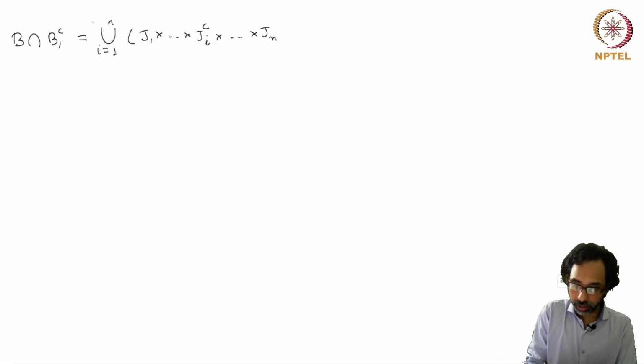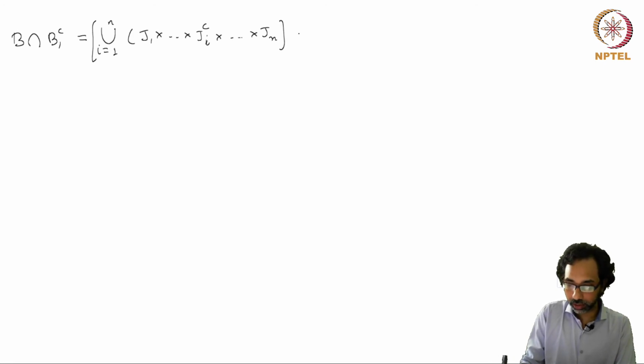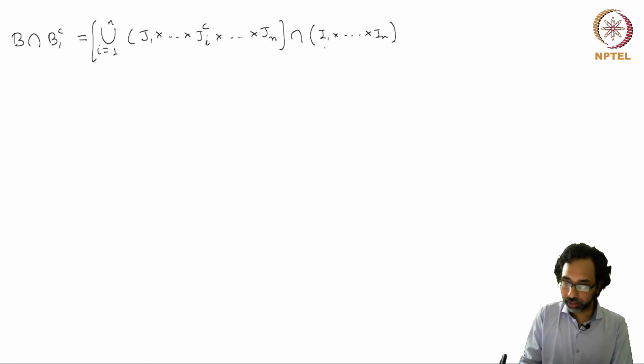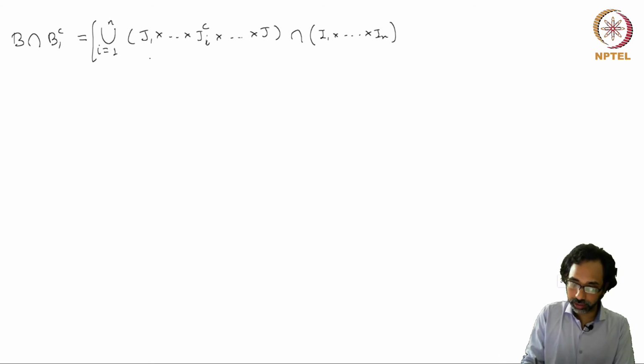Okay, and this whole thing is intersected with I1 cross In. So even you can take this inside this union. So I can put here this intersection followed by a union.